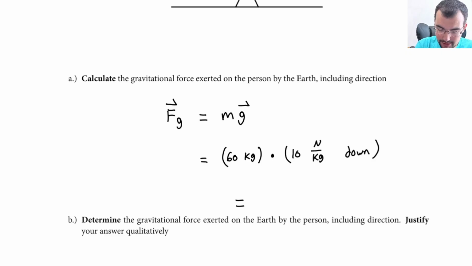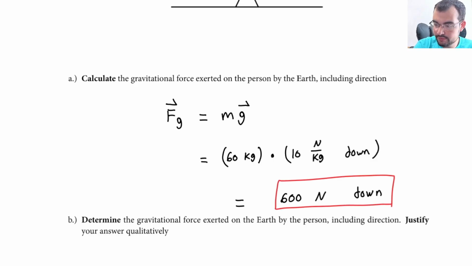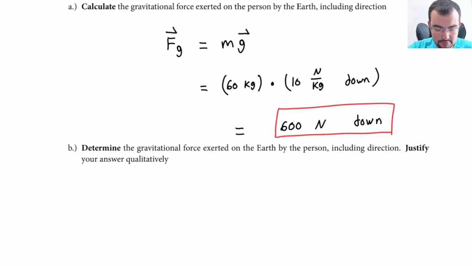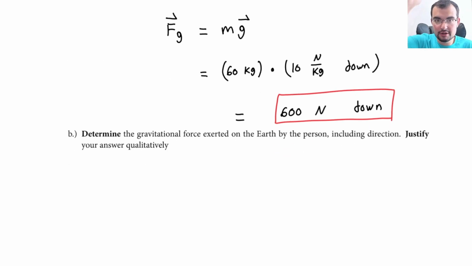So we get the kilograms cancel, and the Earth is exerting a downward force of 600 newtons on the person. Okay, so we know that the Earth is definitely pulling the person down with 600 newtons.